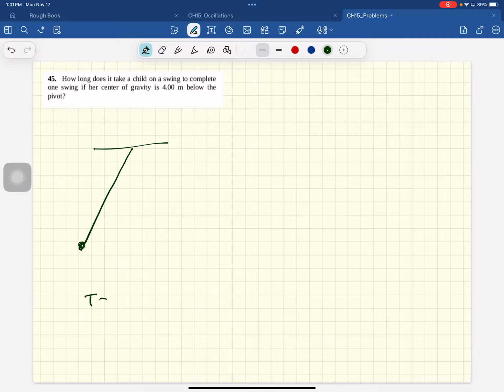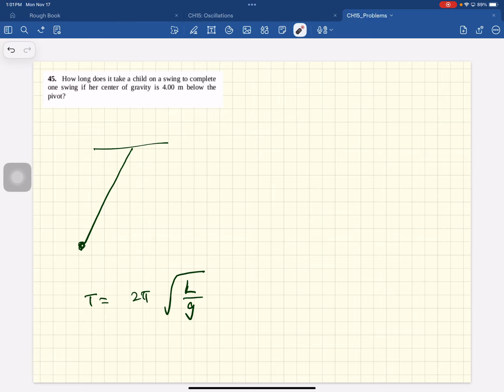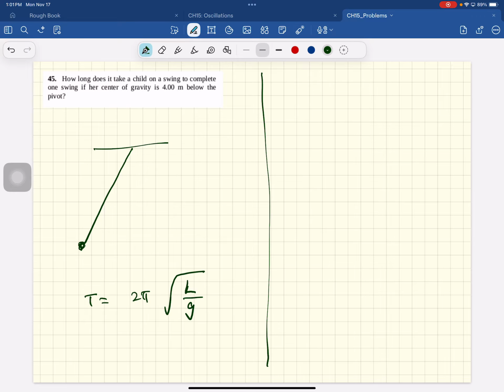So the period is given by 2 pi square root of length of the pendulum divided by g. So that's what they're asking. What is the period? So the period is 2 pi square root of 4 meters over g, and g is 9.8 meters per second squared.